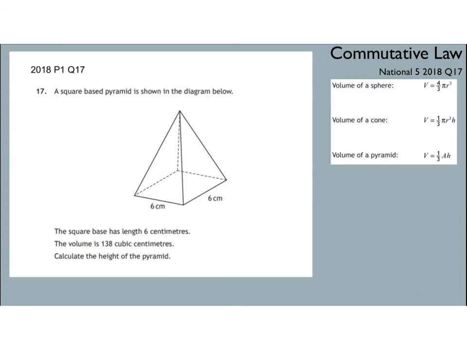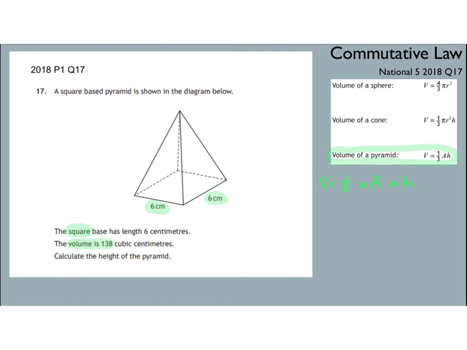Okay, so the pyramids question. We have got a square base pyramid. It's got a square base with 6 square base as well. The volume is 138 cubic centimetres. Volume of a pyramid: volume equals 1/3 times A for area and then the height.